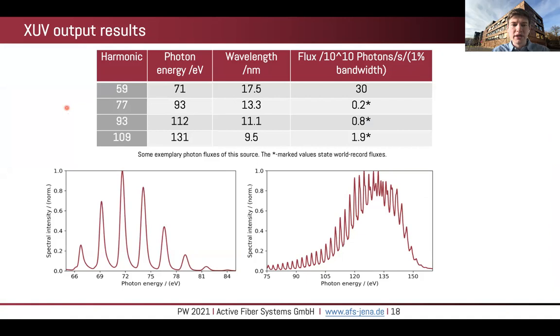And in this table, we show a few exemplary photon fluxes that we were able to generate with this source. We examined them at 70 and 90 eV, but also went to 100, 110 and 130 eV. The achieved values in this range are world record values, which has already been shown on this graph in the beginning.